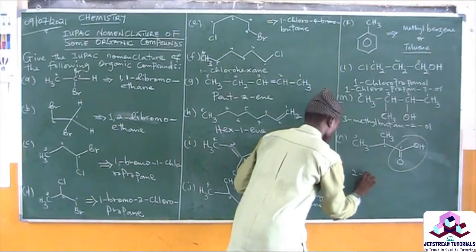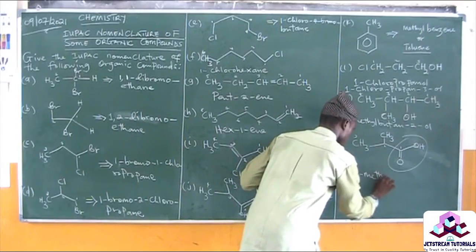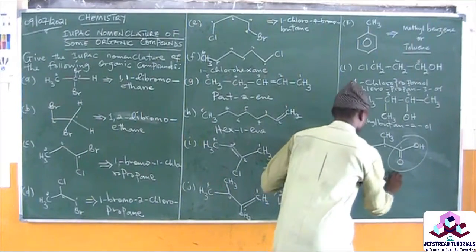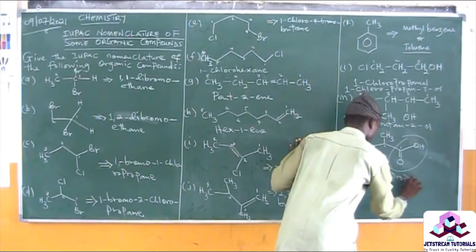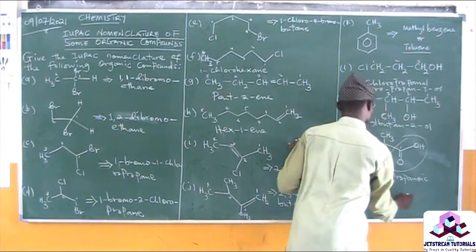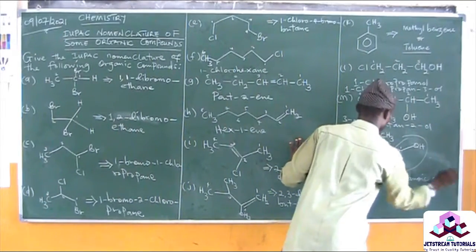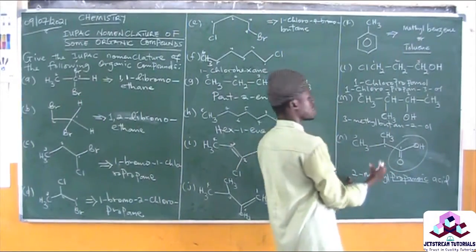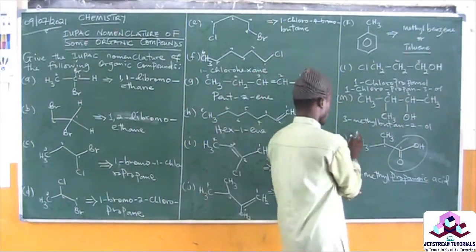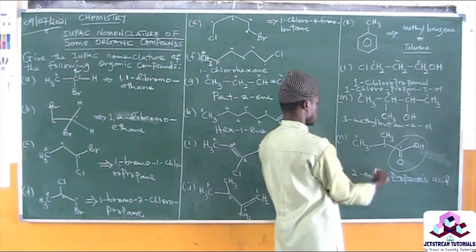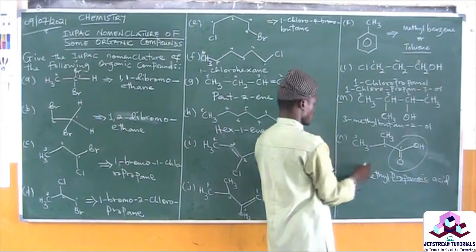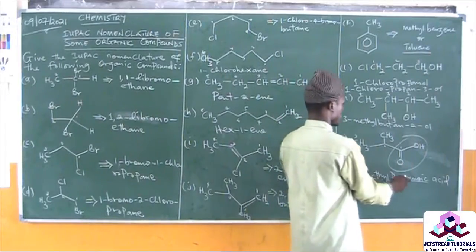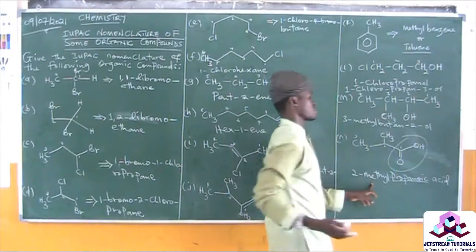So this is 2-methylpropanoic acid, because the parent chain here is propanoic acid. Then on the propanoic acid chain, we have methyl at carbon 2. So that is why we have 2-methylpropanoic acid.